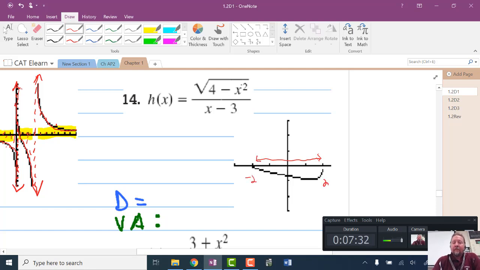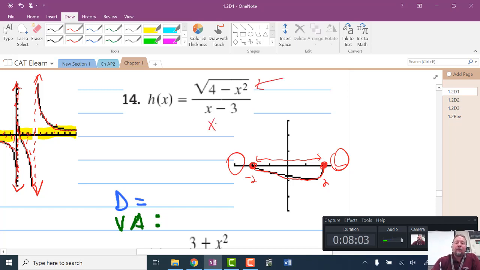Well, look at the numerator. When I put 2 squared, that's 4. 4 minus 4 is 0. I can take the square root of 0 and get 0. Input, output. Same thing with negative 2. When I plug it in, I get 0. 0 over who cares is 0. So that's why those points exist there. And then when I plug in anything between negative 2 and 2, you get various negative values. So what I'm trying to get you to understand is the graph doesn't exist over here and over here because of this.